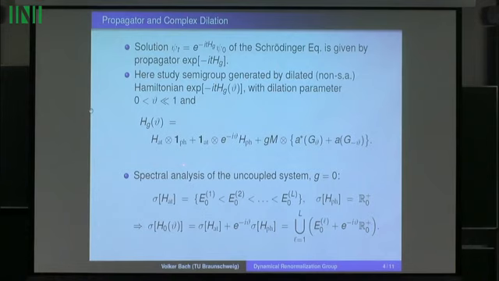So here is a fairly explicit form of this dilated Hamiltonian. The atomic part remains unchanged, but the continuous spectra of the photon energies are tilted into the lower half plane. I'll show you a picture on the next slide.